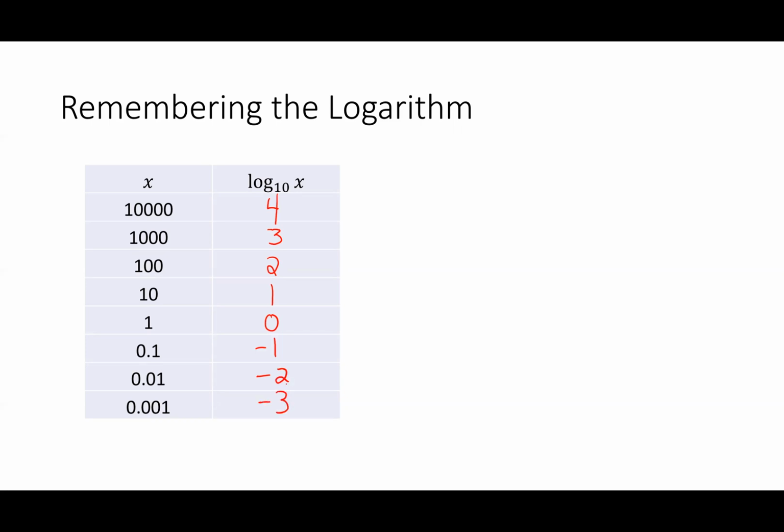Now, 10,000 and 0.001 are 10 to the fourth and 10 to the -3. They're 7 orders of magnitude apart from each other. That's a big distance. 4 and -3 are only 7 numbers apart. They're a lot closer together.